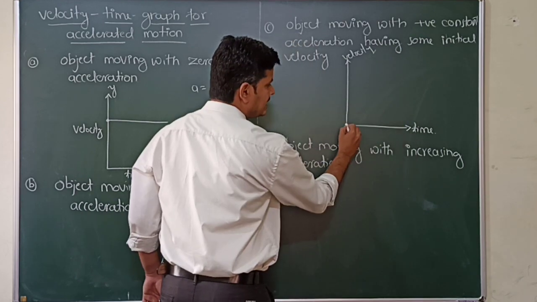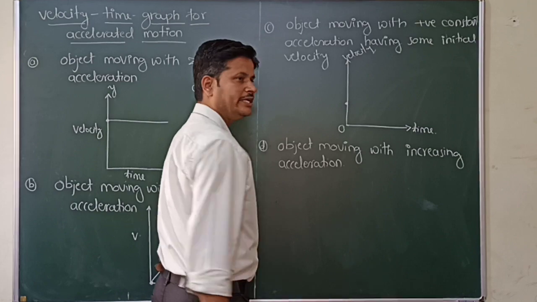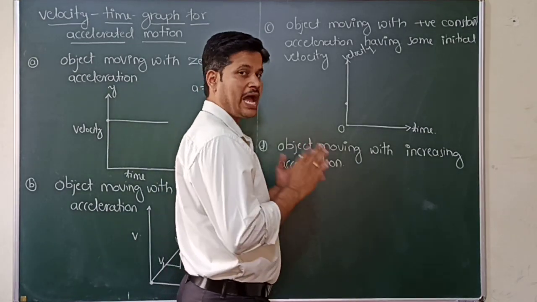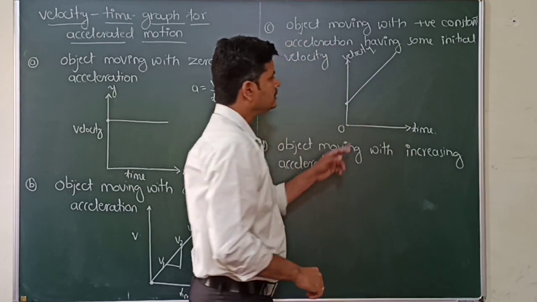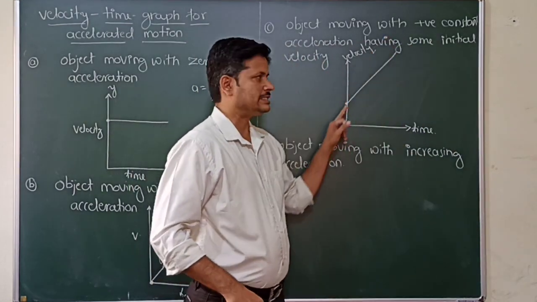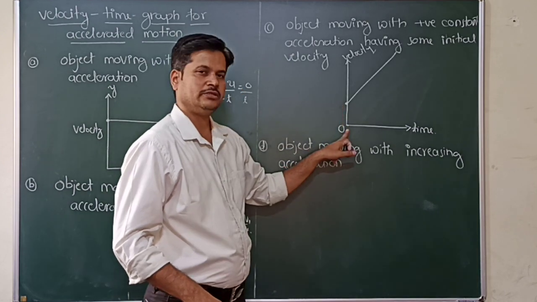The object has a certain initial velocity but a constant acceleration, therefore the graph should be a straight line, but it does not cross the origin.